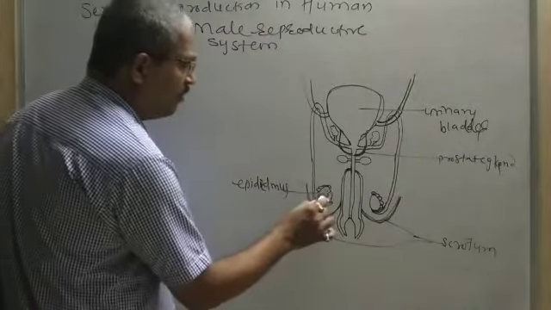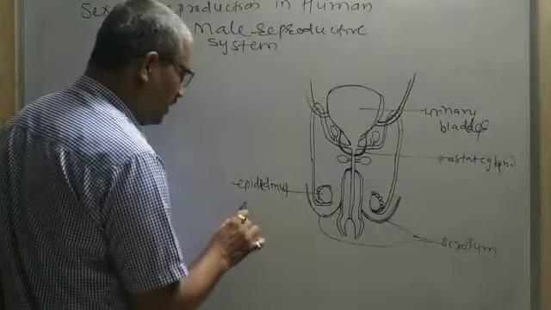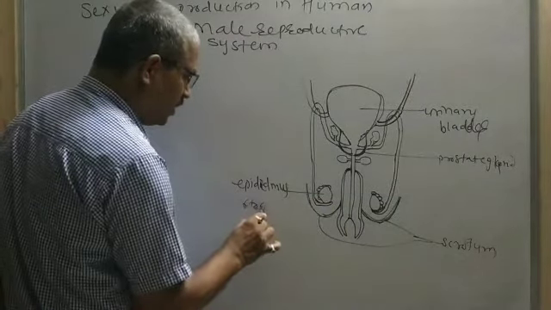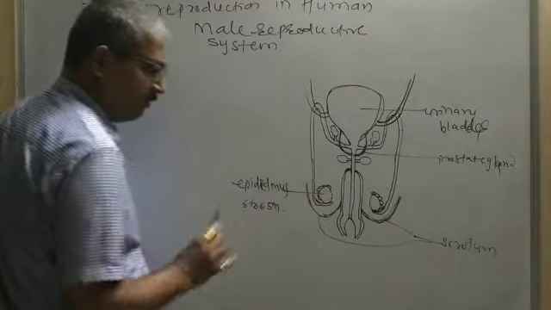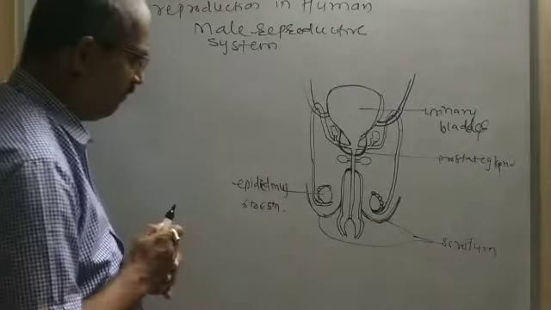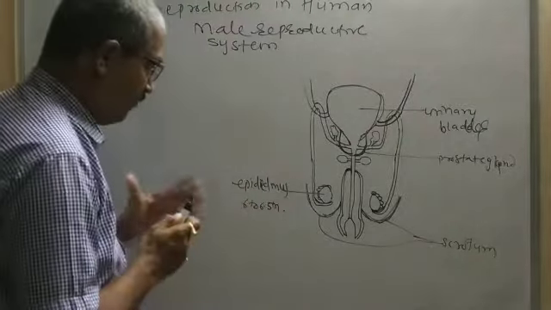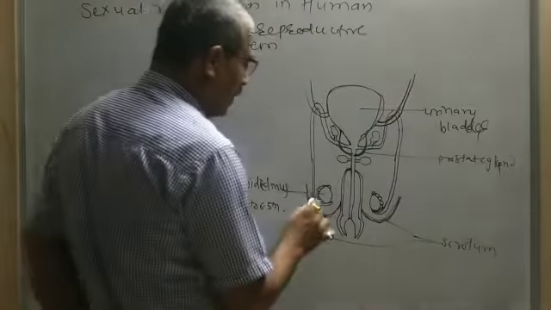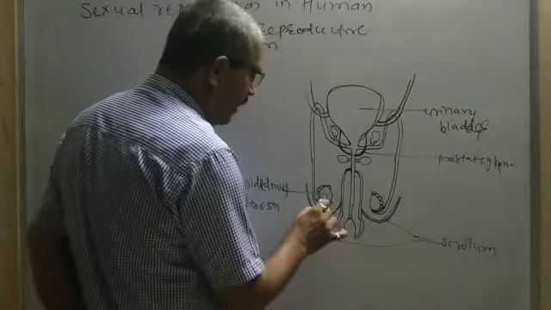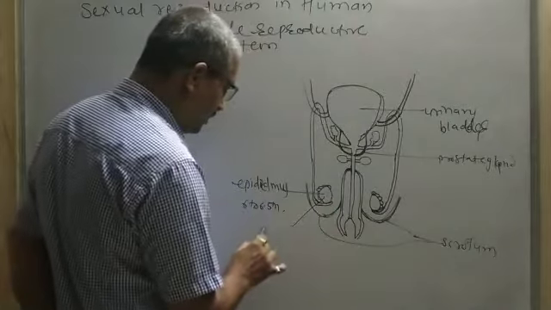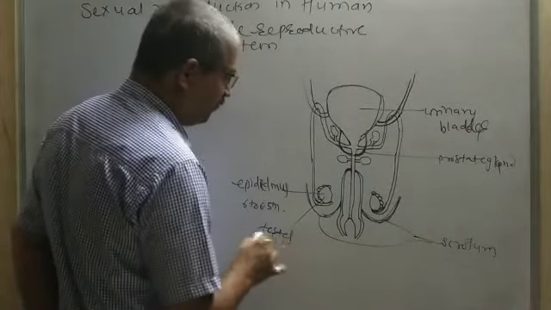The length of the epididymis is 6 to 6.5 meters.